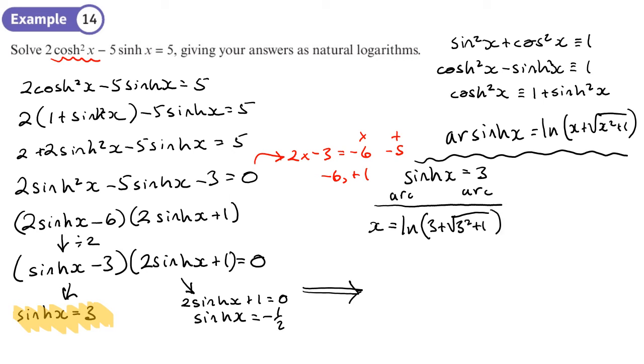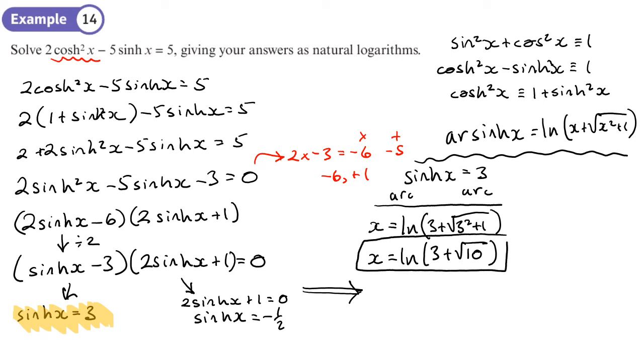Basically, if you do the sinh inverse, that's the ln of x plus the square root of x squared plus 1. So that will give us x equals ln of 3 plus root 10. 3 plus root 10, that's the exact value.